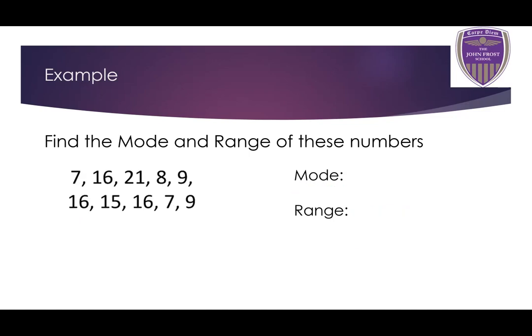So now these numbers are bigger and getting a bit more complicated. So it's really useful to list these numbers out in size order, okay? So let's write them out. So we've got 7, we've got another 7, we've got 8, we've got 9, 9, 15, 16, 16, 16, and 21, okay?